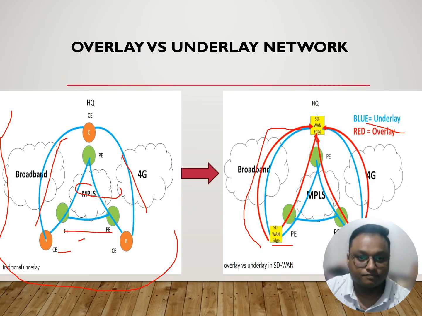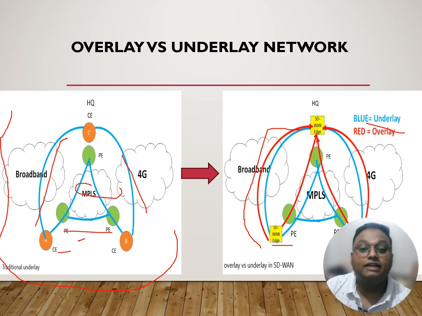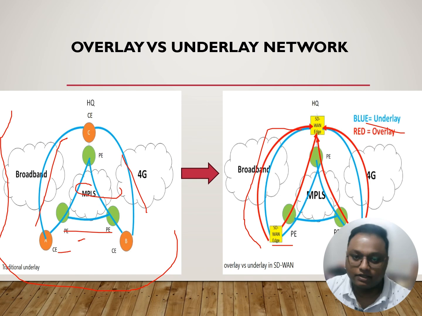Okay, and overlay is what the overlay network, or SD-WAN, is mainly doing. It's mainly software based, so it's not directly dependent on any kind of transport. So you can use any transport path, but over that we can run SD-WAN.